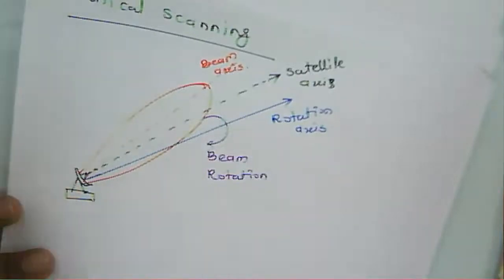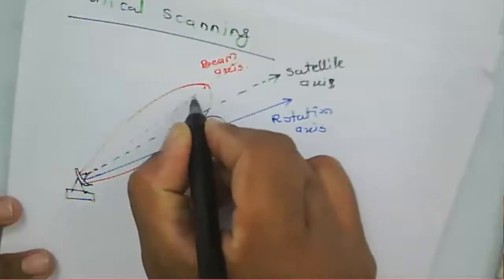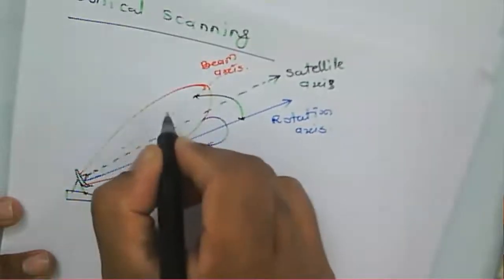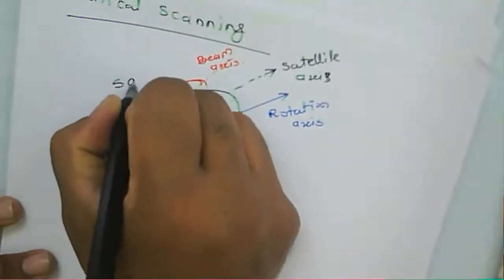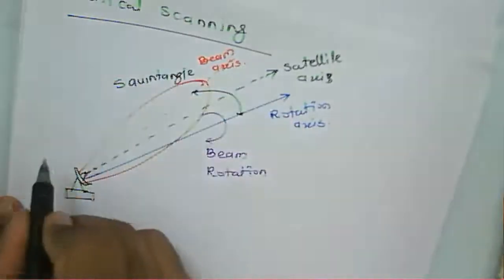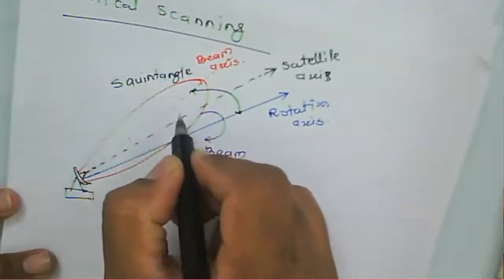So the antenna is to be rotated with a small squint angle, and this one is called the squint angle. It means the antenna is rotated around its axis with a small squint angle.